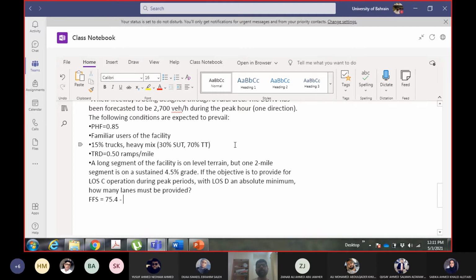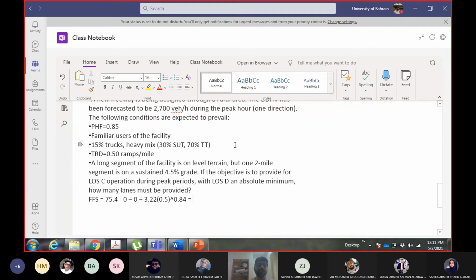With the standard lane width of 12 feet, the adjustment factor for lane width is 0. With the standard lateral clearance of 6 feet on the right-hand side, the factor for lateral clearance is 0. So I only need to apply the adjustment factor for total ramp density, which is given as 0.5 over 0.3.